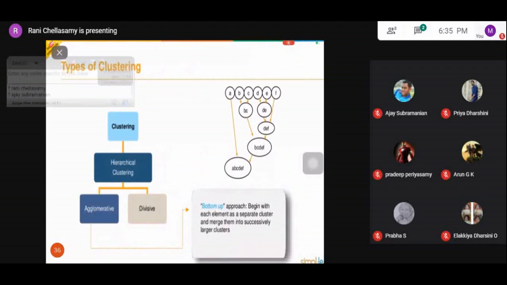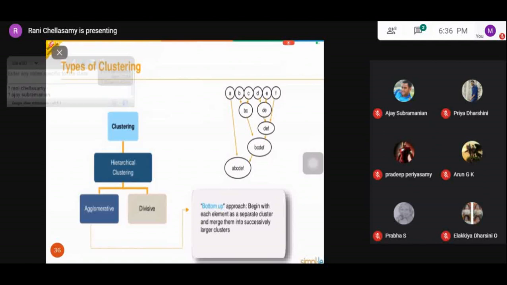If you go on merging, you will form a larger cluster. This is called the bottom-up approach. So the agglomerative algorithm starts with each individual element as a cluster, individual elements join to form another cluster, and the merging process is taken successively to form a larger cluster.